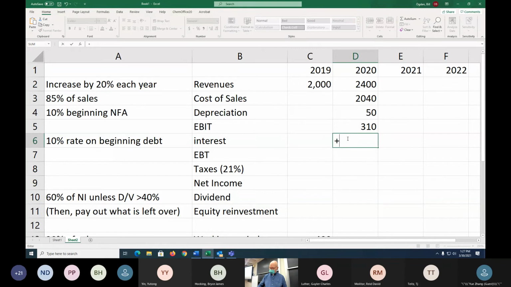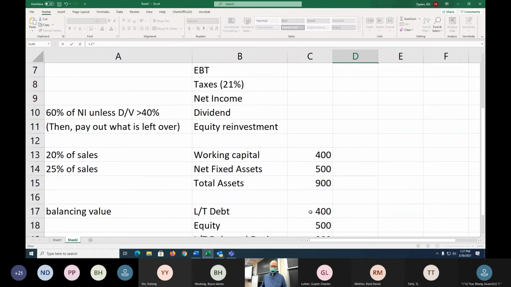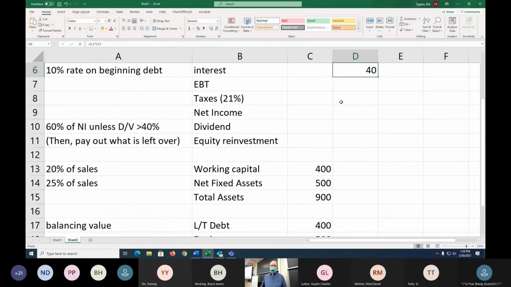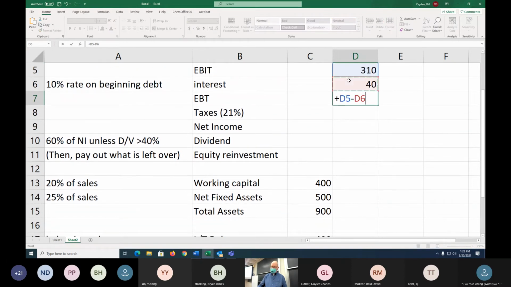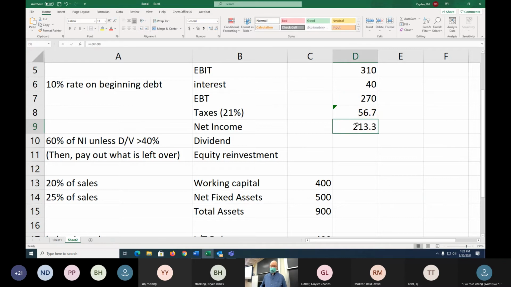Interest, 10% of your beginning debt. Taxable. Taxes. Finally, income. All right, there we go.